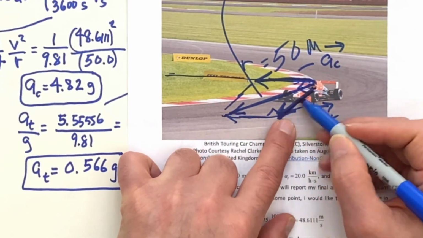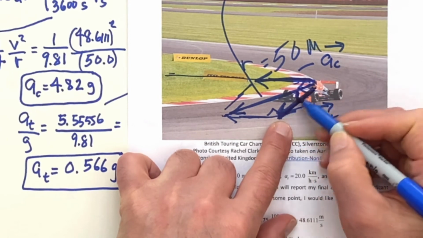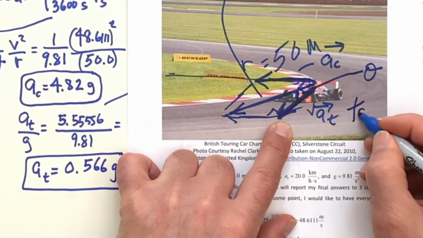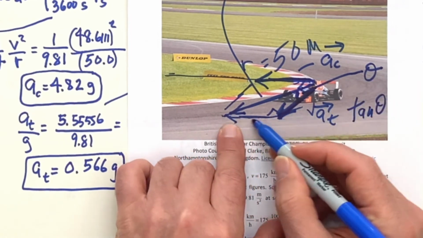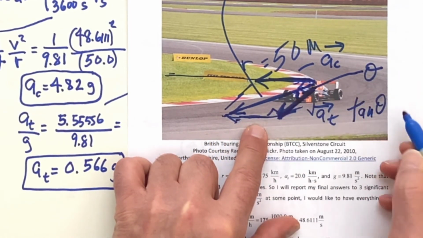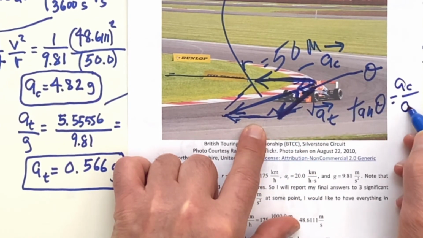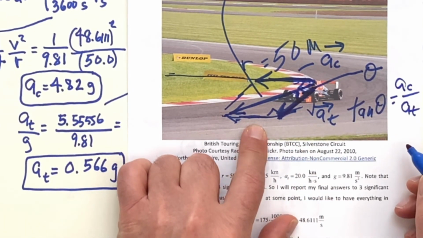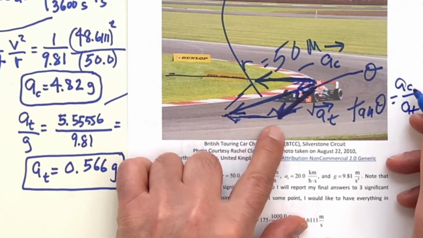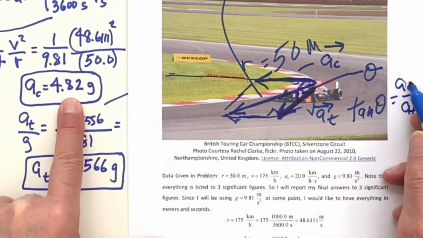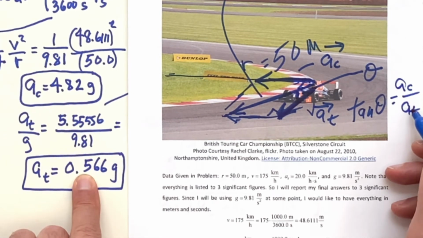So here's the angle relative to going straight. The tangent of that angle is AC over AT. And the AC is the big one. So this is 4.82 over 0.5. It's close to 10.